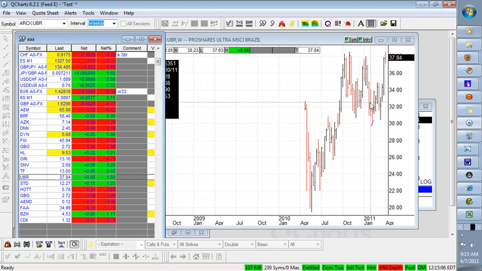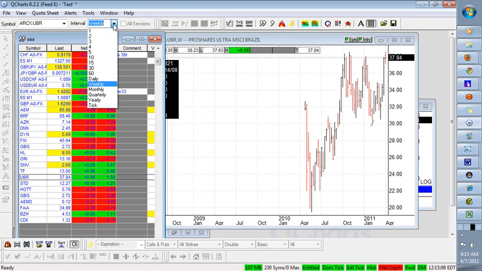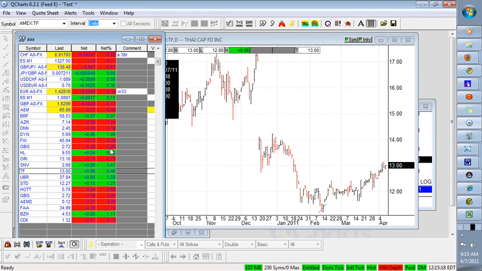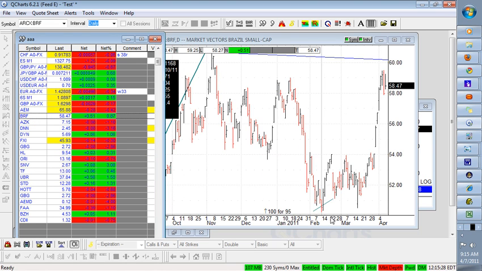Here's Brazil, for example, and on pretty much a lot of my charts, you'll see a line like this, and all that is what I call an ORE line. That tells me a probable turn has occurred. And here's one. Here's the Thai fund, for example. That would be part of a hot sector right now. Here's BRF, Brazil, and this is small cap, and this is part of a hot sector.